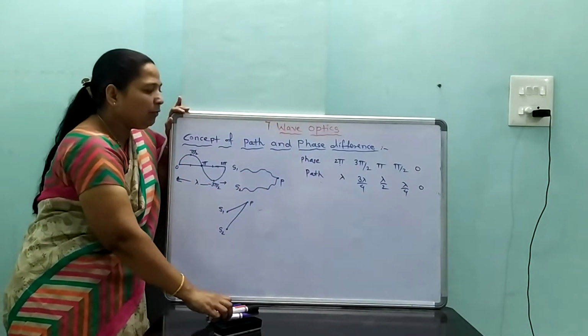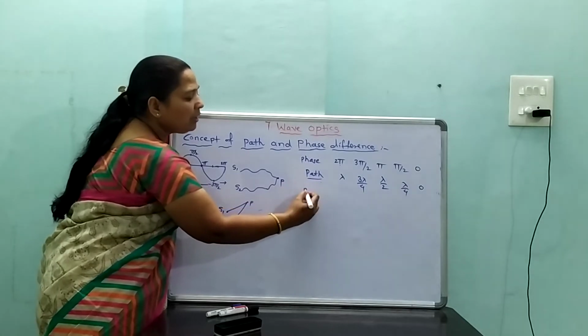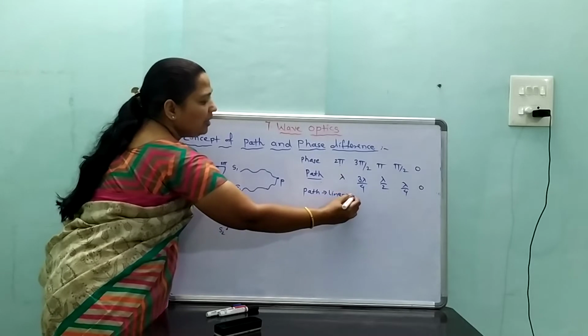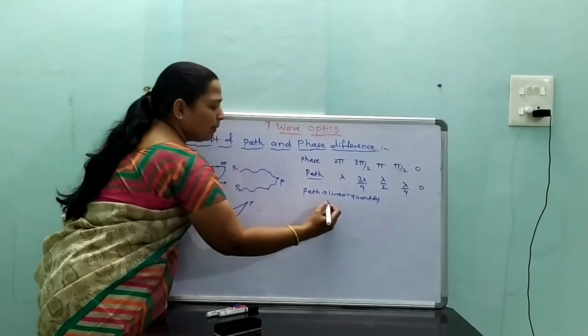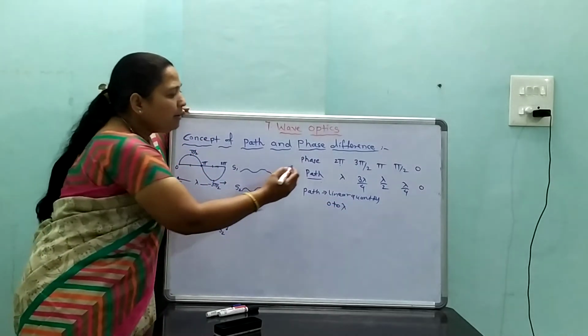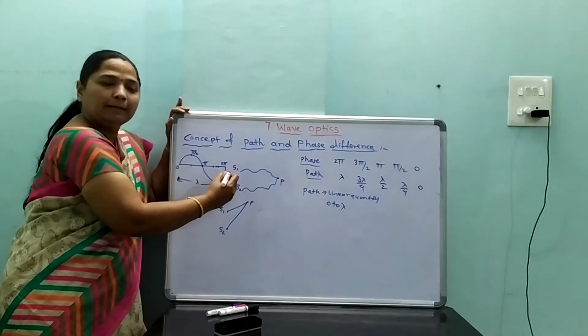What is the difference between phase and path? Path is a linear quantity. It can be measured from 0 to lambda. And phase is an angular quantity.